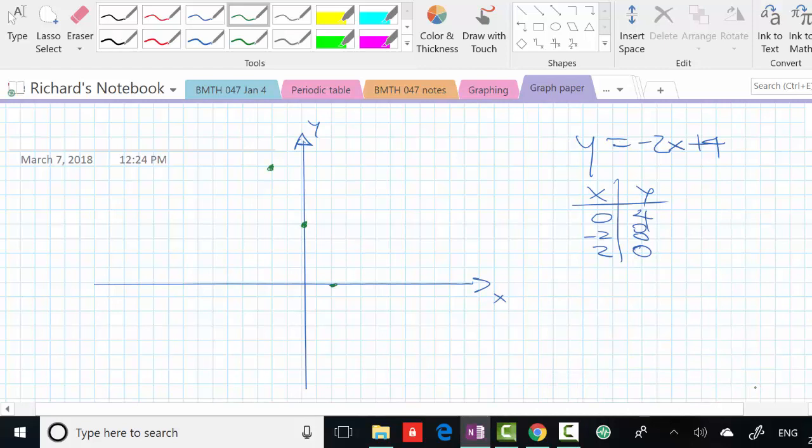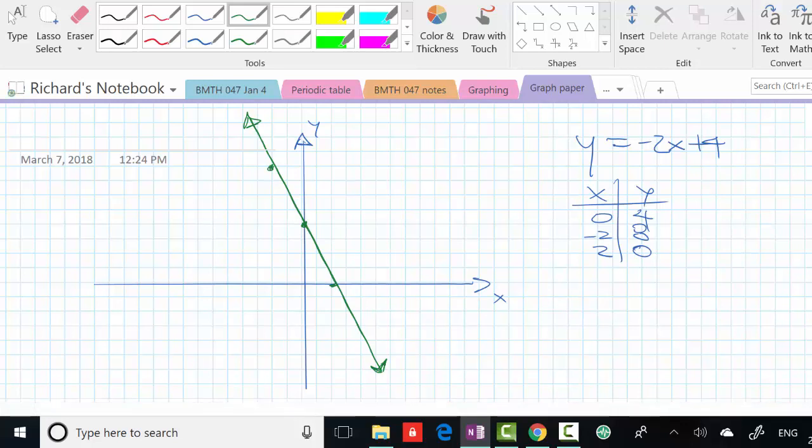Well, now I've got the points on my axes. I'm going to connect the points with a straight line. I'm going to put arrowheads on the line to indicate that the line goes off to infinity in either direction.